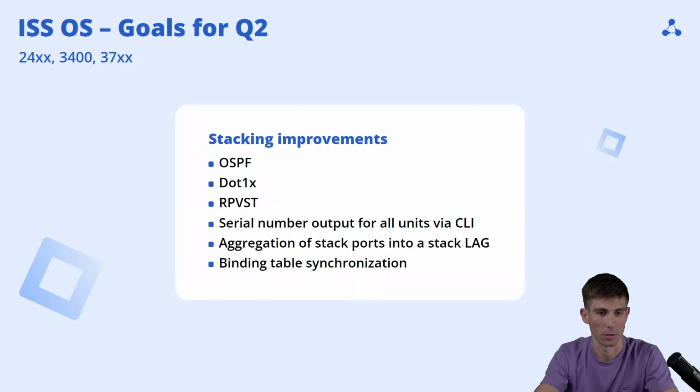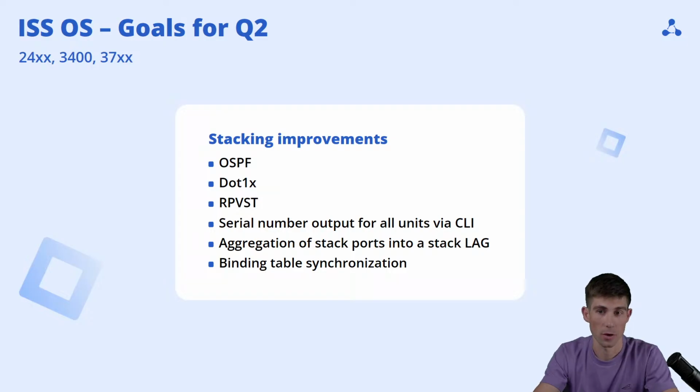RPVST plus is the rapid per-VLAN spanning tree plus protocol. Also aggregating stack ports into a stack LAG is a feature that you may find useful, basically offering the same thing, combining physical interfaces into one logical interface.